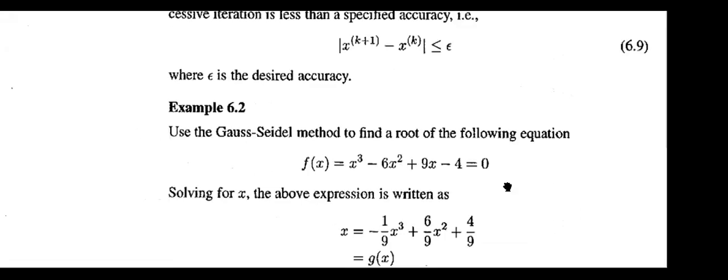The initial condition of that equation is x as 2. Where is it given, sir? It will be given as the initial condition for the system. Put x equals 2. What will be g(x)? If g(2), what is the value of this?